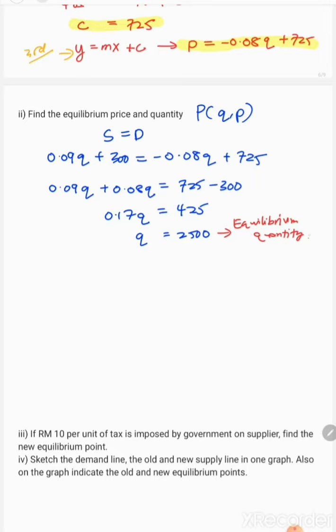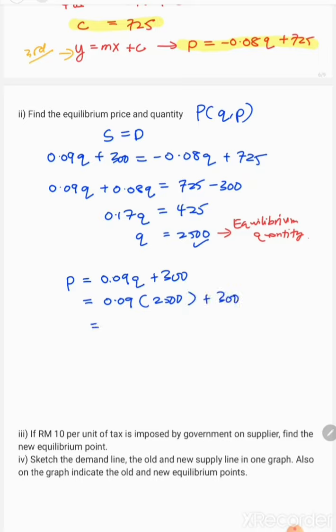How can we find the equilibrium price? We substitute the value into any equation, either S or D. So now I choose S. We know that P = 0.09Q + 300. So to find P, 0.09 times the value we just got, 2,500, plus 300.